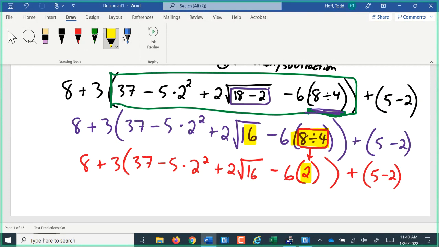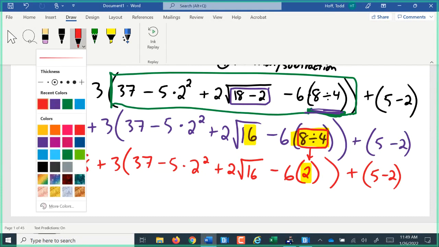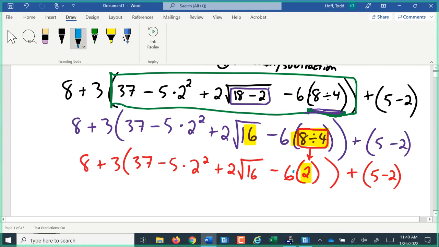But these enclosing symbols often serve other purposes other than just the enclosing symbol. One of the things parentheses can do is they indicate multiplication. And here, whenever there's a number outside the parentheses with no sign or operation there, it's implying or indicating multiplication. So that is 6 times whatever's in the parentheses.